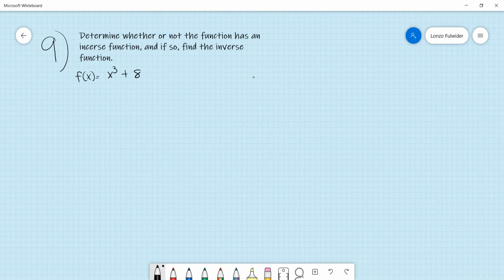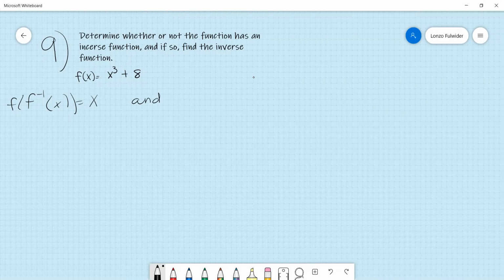The rule is it's going to be f of inverse of x equals x. So what you're saying is if you put the inverse into f, this is a composition, the outcome should equal x.